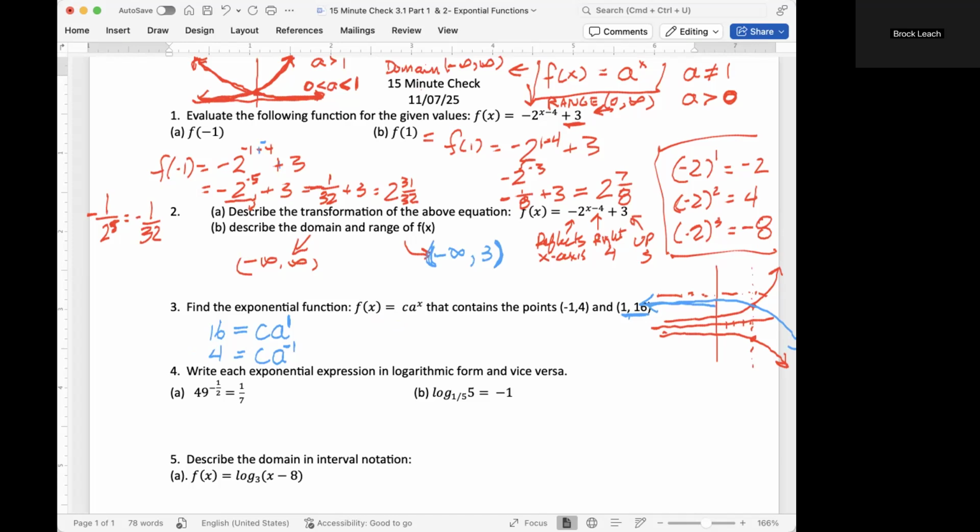See, this would be 4 equals, I'm going to rewrite this. So this would be 4 equals C over A to the first power. Oh, we need to just do a substitution here.